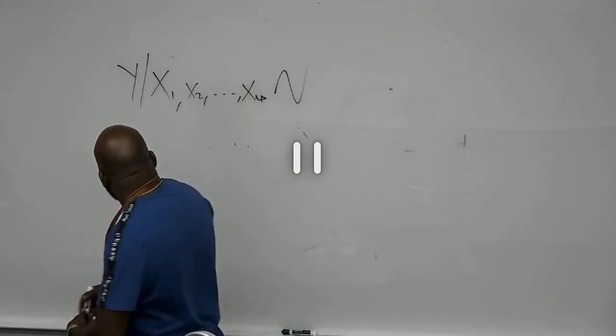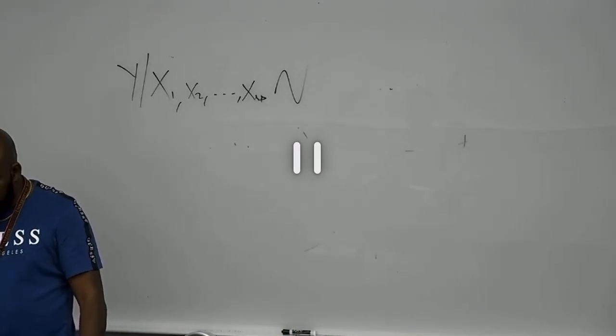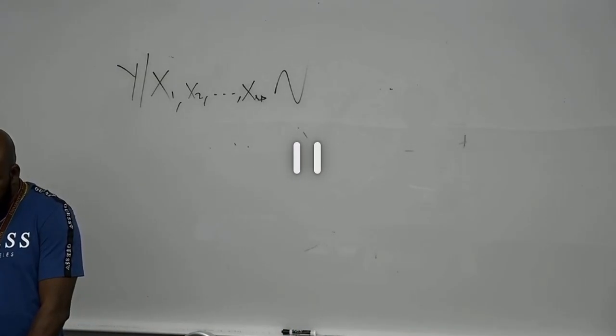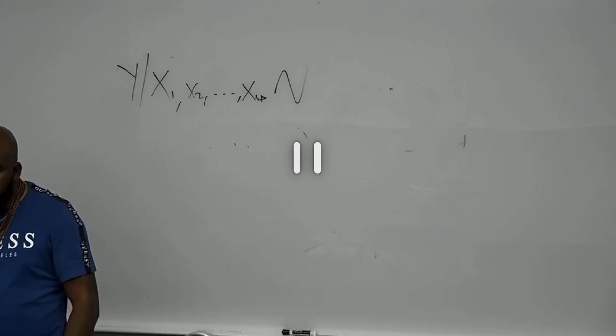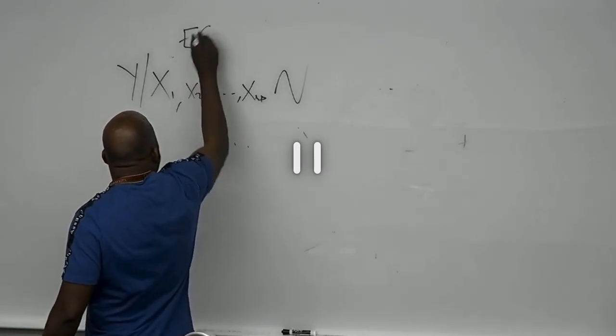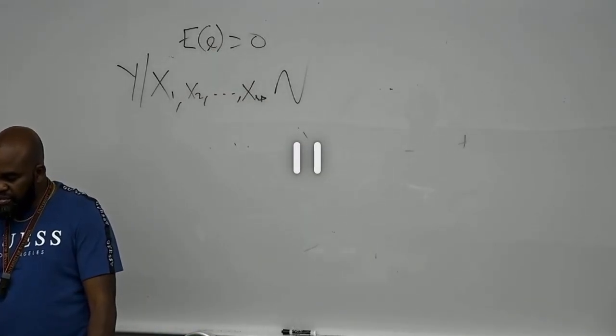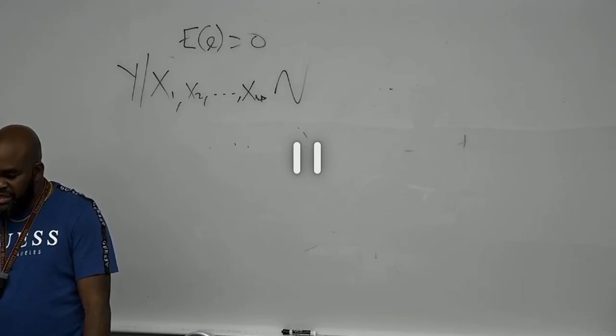Why do we have this? Because when the error follows a normal distribution, the expected value of the error is 0. When the expectation of the error is 0, we're left with just these parts, and that would be the mean.